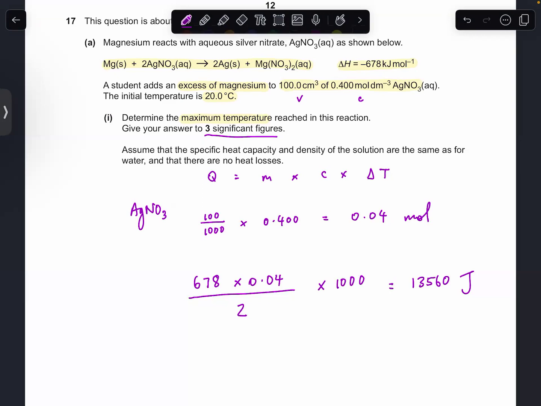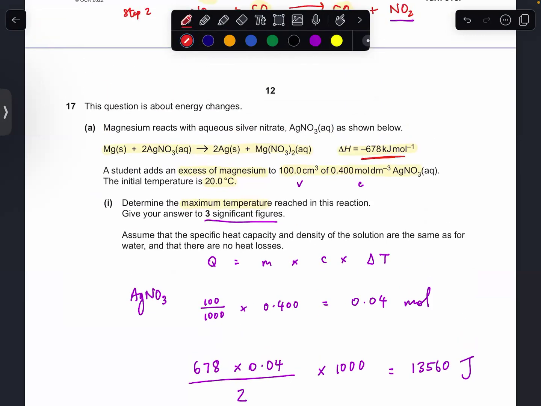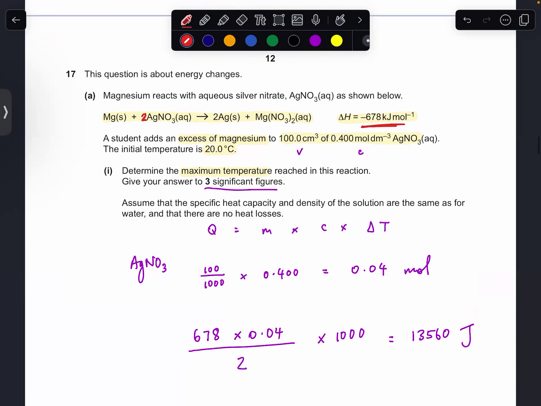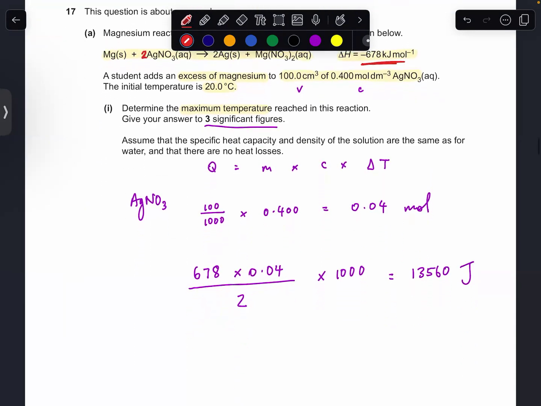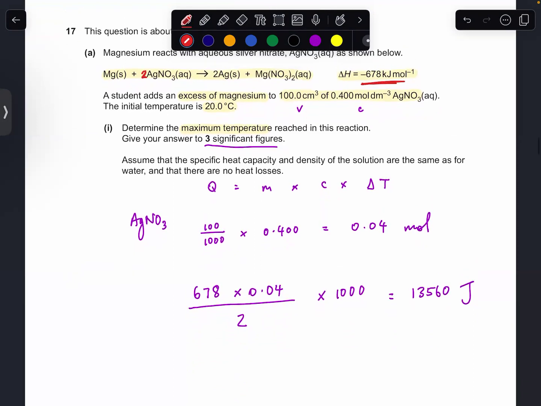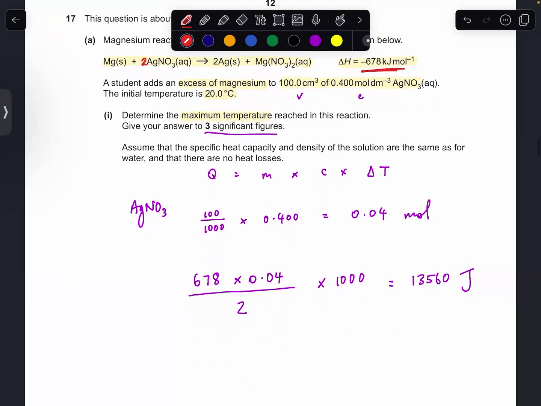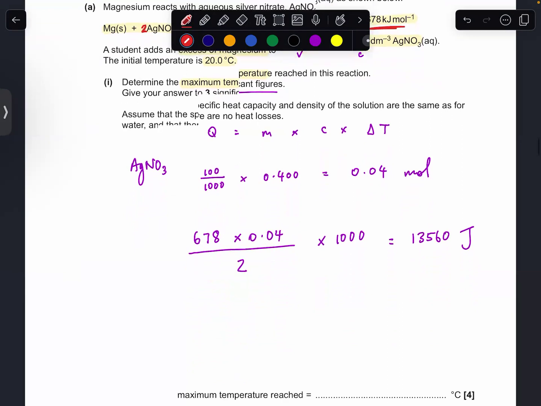Just a reminder of what I said: this minus 678 kilojoules per mole is per 2 moles of silver nitrate. We just want to work out per 1 mole, because that's the limiting reagent in this reaction. Now, once we've done that, we then plug these values in.